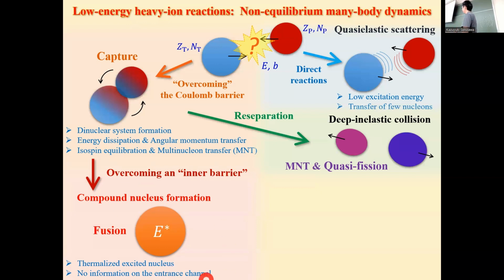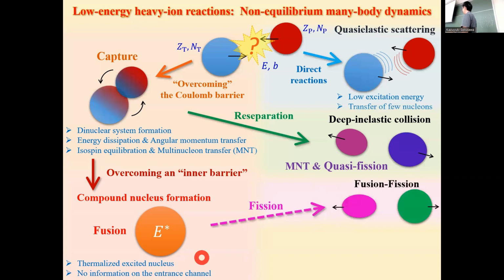And after the fusion reaction, as you can see, this composite system can be highly excited. So it can decay by fission. Fission is the splitting of this nucleus into two. This is the so-called fusion-fission reaction.